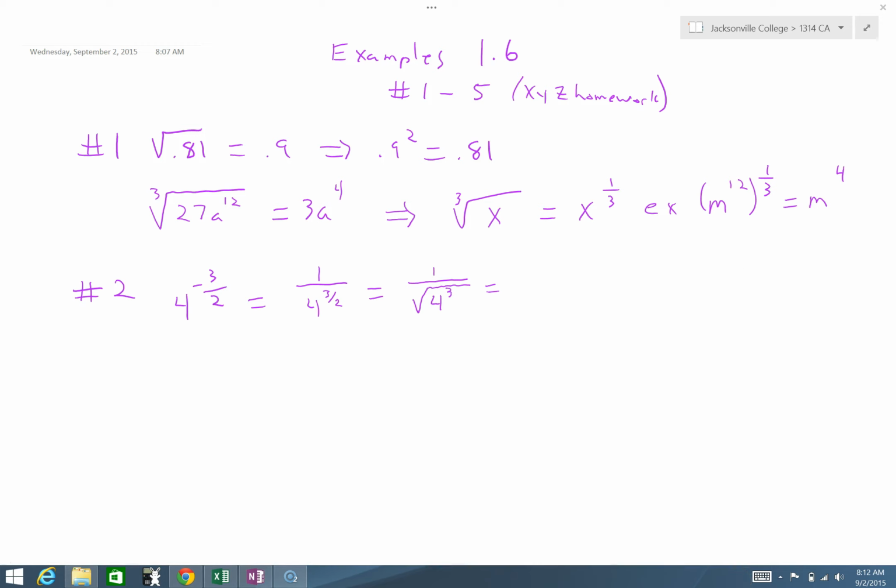Well, 4 to the 3rd power is 64, so this becomes 1 over the square root of 64, and hopefully you know that the square root of 64 is 8. This is 1/8.